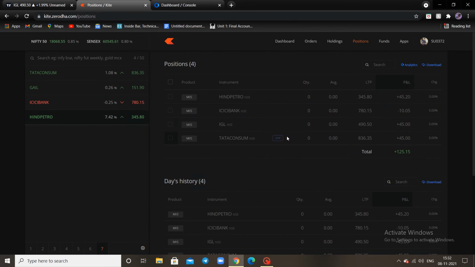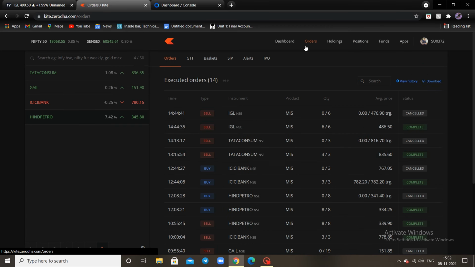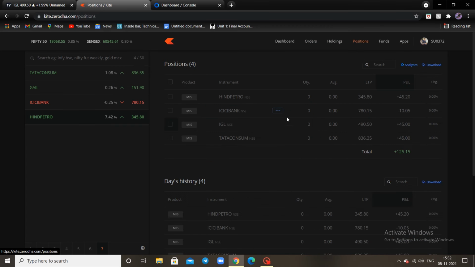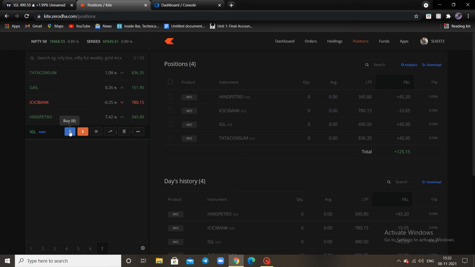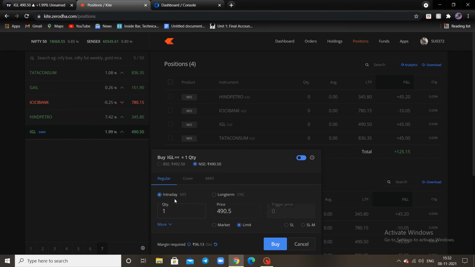With 6 quantity I used about 581 rupees capital to purchase for this trade.